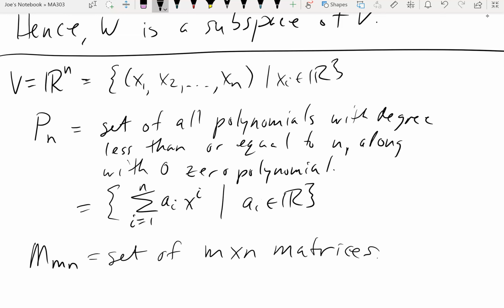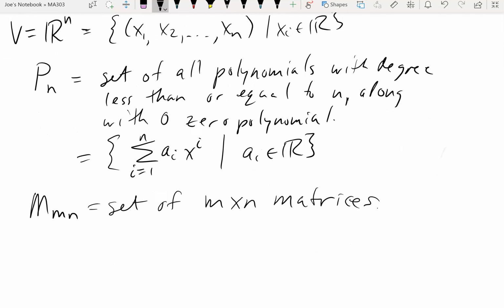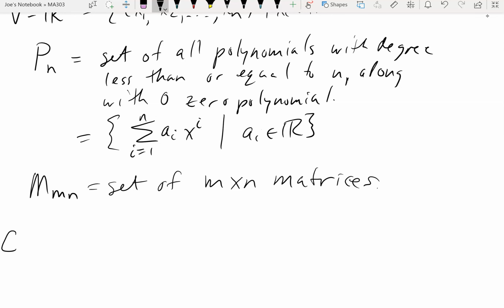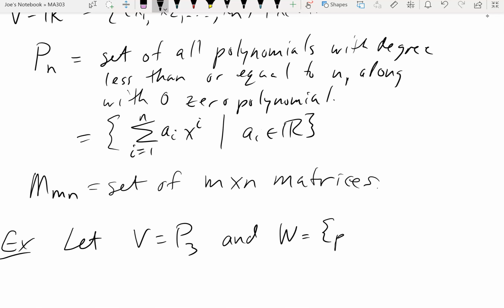I want to do an example with P sub n here with a subspace. So as far as the example here is, let V equal P3 and W be the set of all little p in capital V such that the degree of p of x actually is 3.